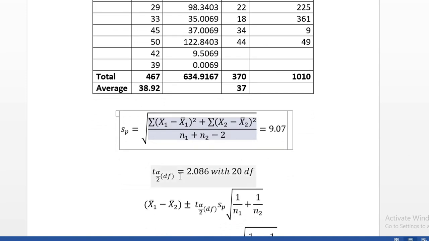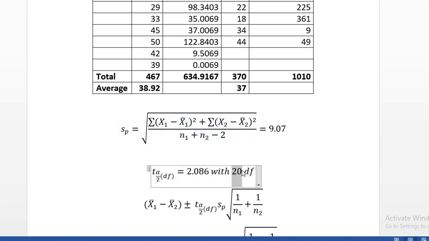So what's the degrees of freedom? I already told you the degrees of freedom in case of equal population variance is n1 plus n2 minus 2. So n1 is 12 and n2 is 10. 12 plus 10 minus 2 will give me 20 degrees of freedom. Using the t table, you get the value 2.086.